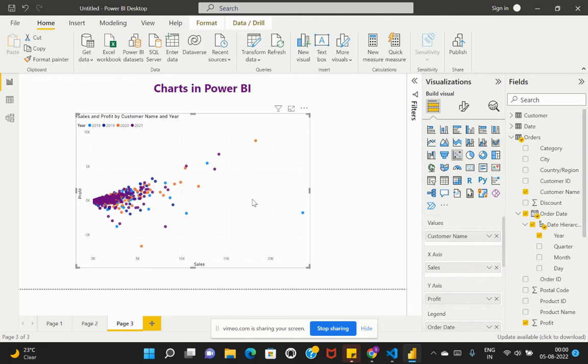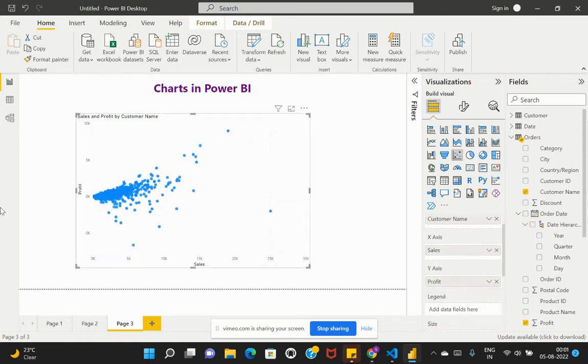So here our category is based on a customer name. We would like to compare sales and profit values together, right? And the color legend that I've used here in addition to that is based on my year. So I'm just trying to correlate these two metric values together to help me understand how they are performing, right? So if you want, you can remove this legend as well, depending on what exactly you'd like to verify, right?